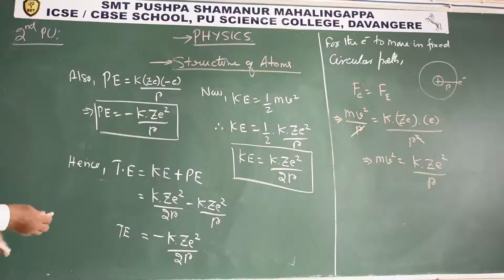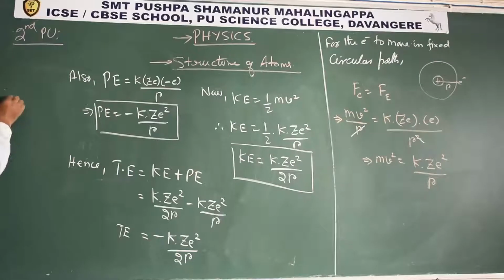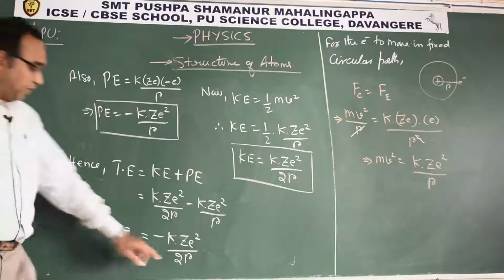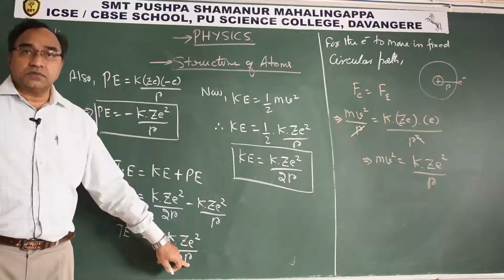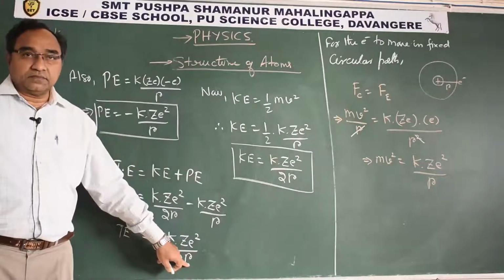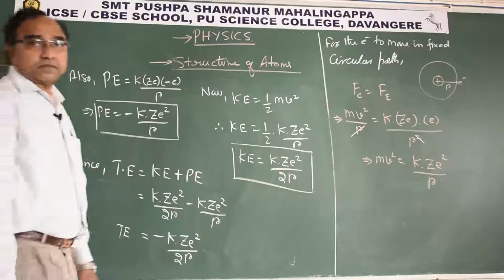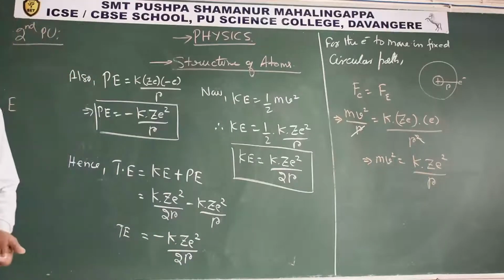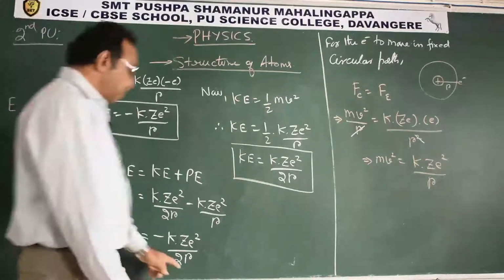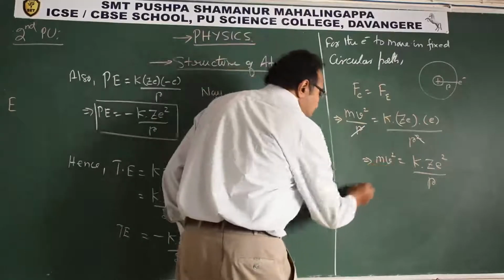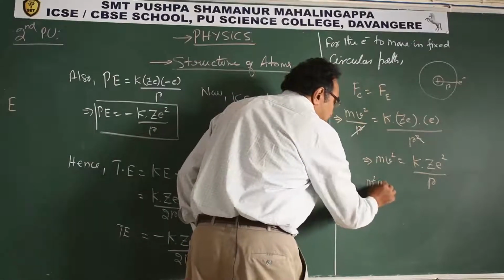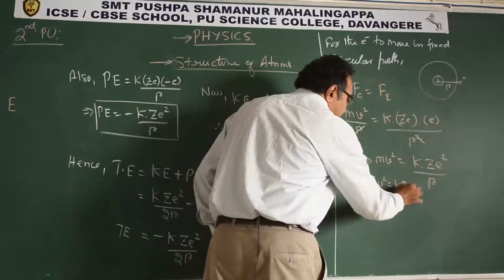So what we got finally? Energy of the electron. We know what the radius is. We have seen r is proportional to n square. We have found out the equation. Now if you remember, what did we get as the value of r? I will get it here only. So we get m square v square is equal to k Z square m by r.